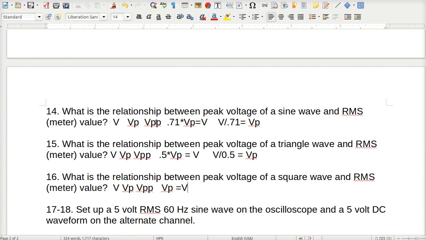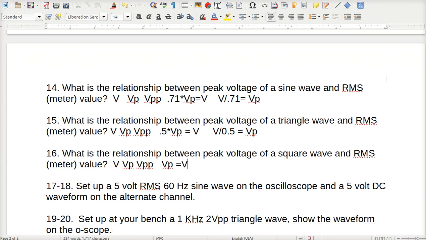I know what that means. Do they give me the voltage in peak? I know what that means. And do they give me the voltage in V? I know what that means. If you can keep those straight and then realize that depending on the wave type, the relationship between peak and RMS voltage is different, you'll do great. And the nice thing is it's not going to change on you. So once you get this straight in your mind, you're in good shape.